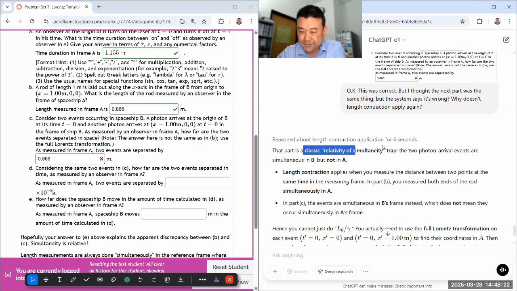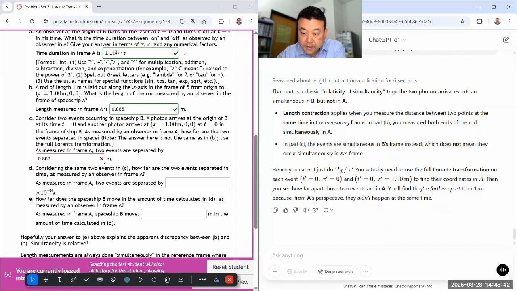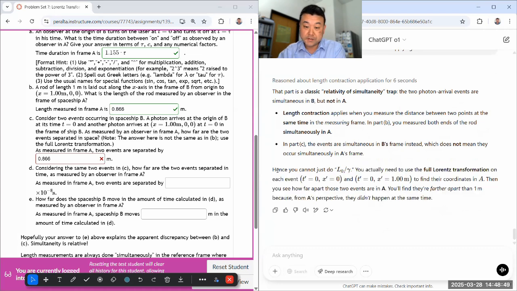Yeah, classic relativity of simultaneity trap. Two events are simultaneous in B, but not in A. Length contraction applies when you measure at the same time in the measuring frame. So in part C, in A, you work out their distance as they're not simultaneous. So you need to do the full Lorentz transformation. And actually, this is a great explanation, and I recommend that you do the full Lorentz transformation.